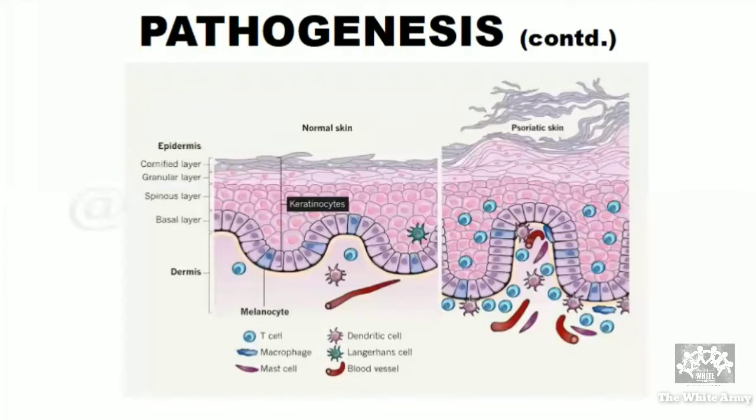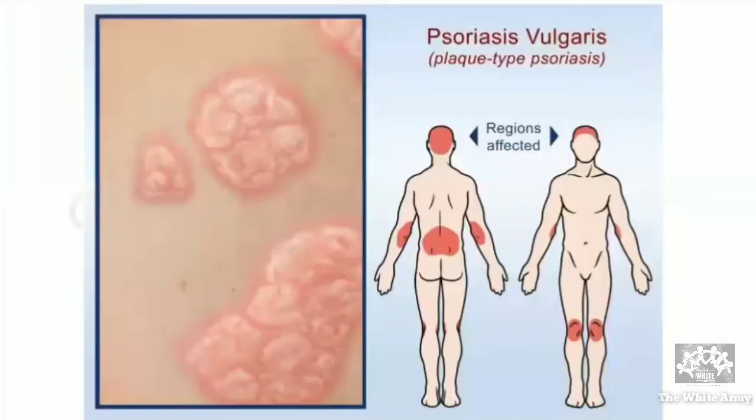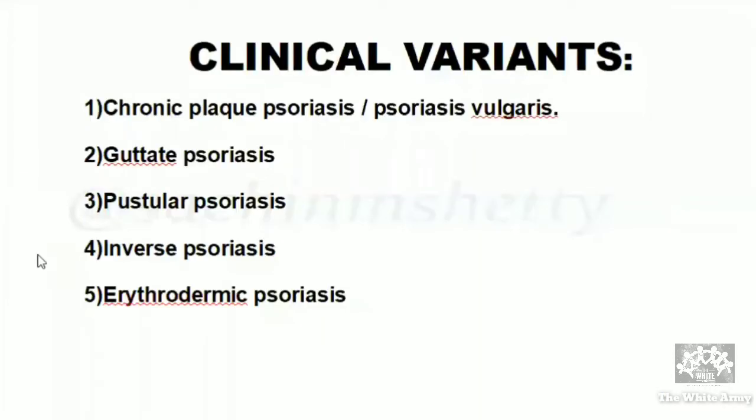Next, we'll go into the clinical features. There are multiple clinical variants of psoriasis. More than 20 different types of psoriasis are mentioned, but I'll discuss the most important ones. Most important ones are these five. One is the chronic plaque psoriasis or psoriasis vulgaris.